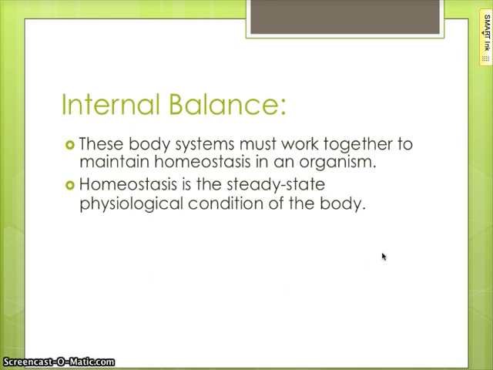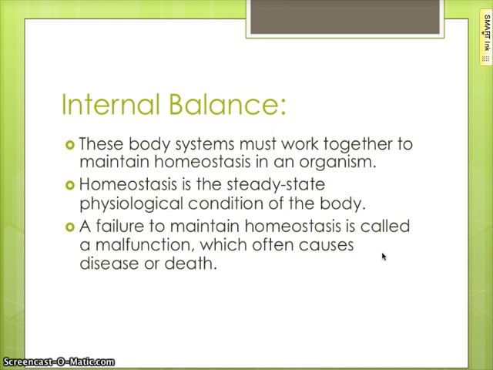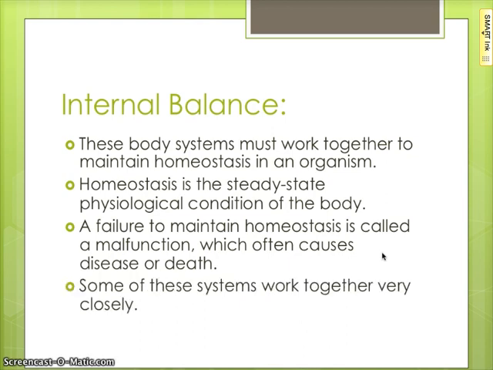Kind of sounds like stable or steady. Homeostasis is that stability, that organism's calm, normal state. And if it gets disrupted, that could lead to either disease or even death, depending on what the problem is. Also, some of the systems work together really closely. We'll get into this in the second page of notes.